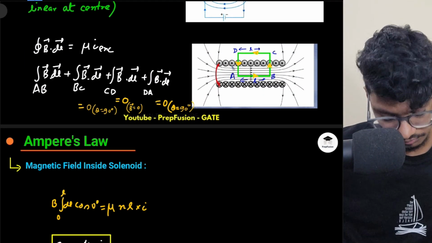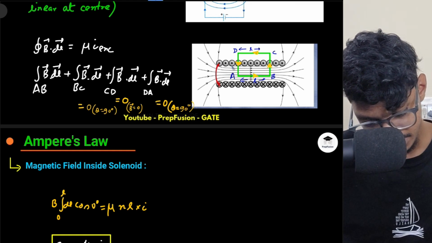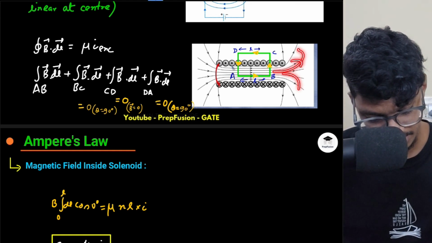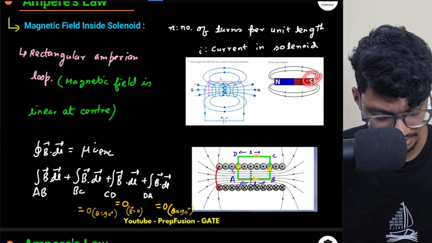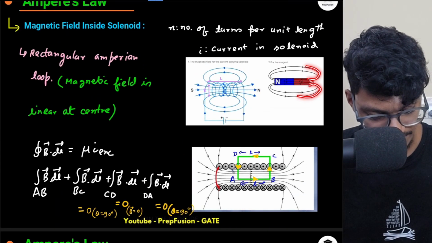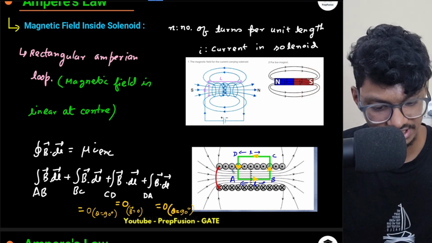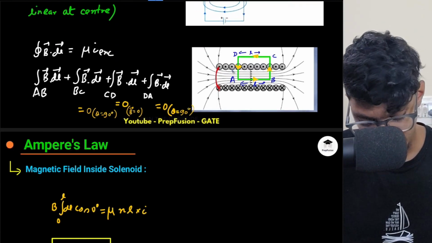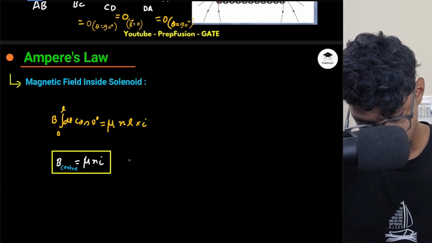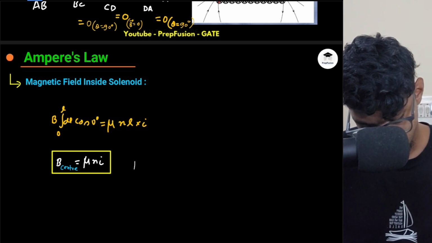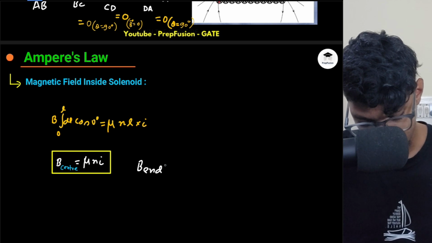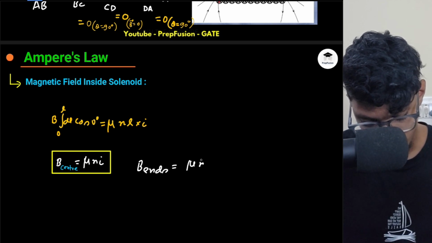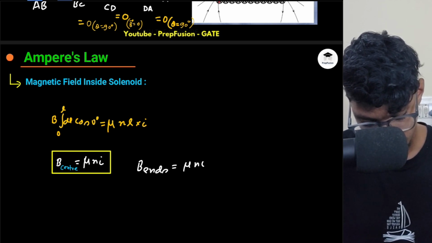Why will it be half? Because if you see here, it is getting divided into this section and this section, so into two sections. If you observe the magnetic field as well, one end is going up, the other end is going down. So assuming symmetry, the magnetic field at the ends, B at the ends, will simply be mu n I by 2.